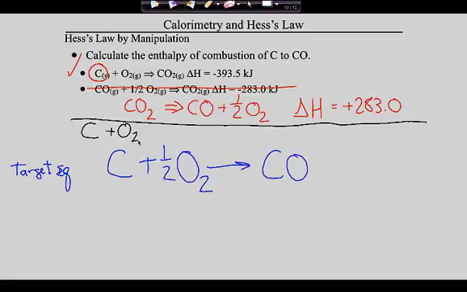Now go to your second equation, bring down the reactant, CO2. Notice that we're looking at the equation we manipulated. Now guys, let's look for our products. Our product in the top reaction is CO2. What are the products in our bottom reaction? CO and 1/2 O2.